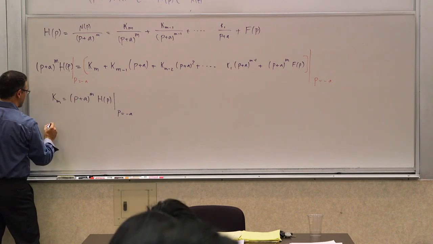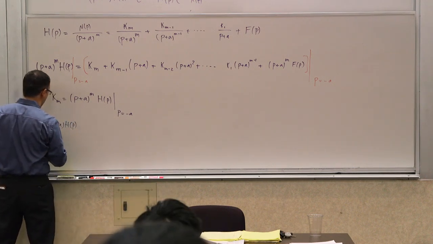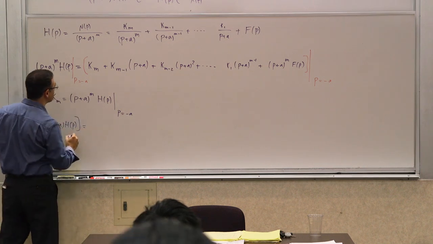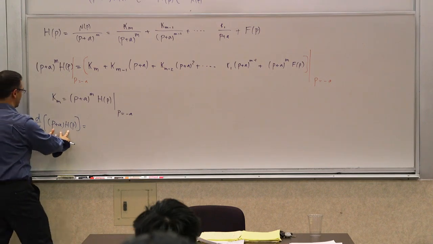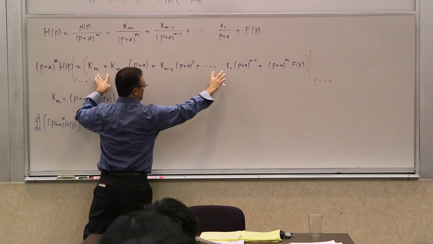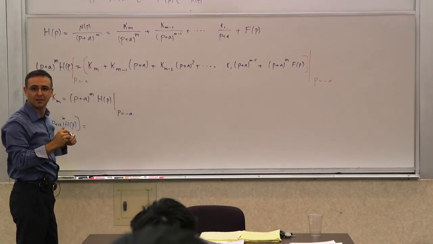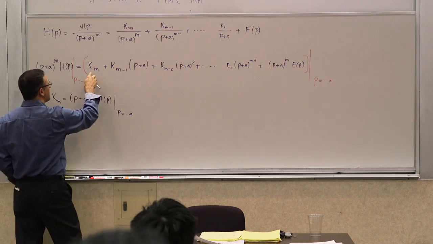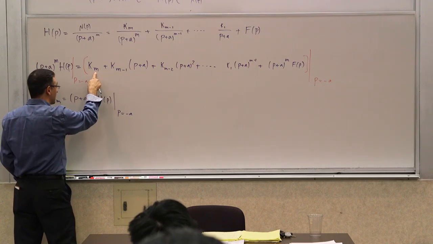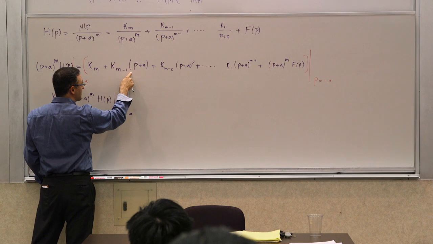If I take this and do the derivative with respect to p of that, this big expression is the m-th power term. So what is the derivative of this constant with respect to p? Zero, right?